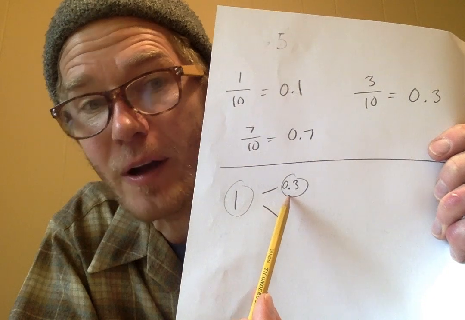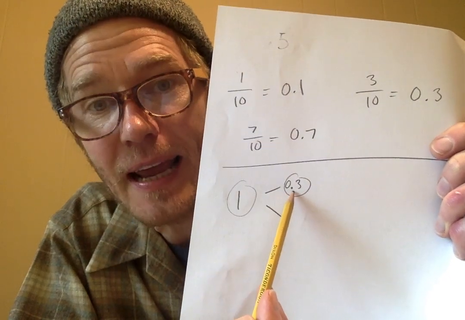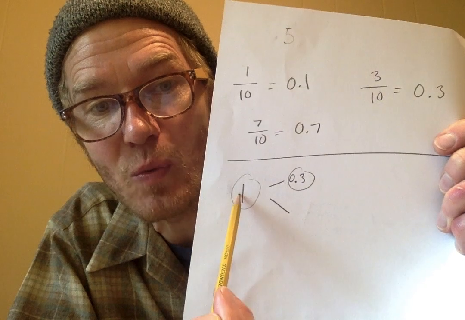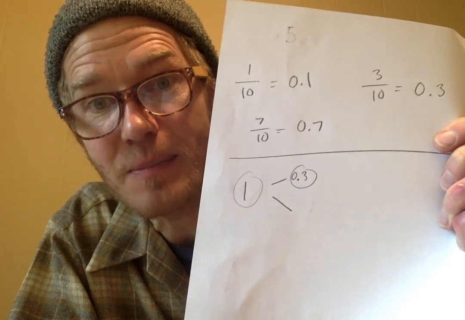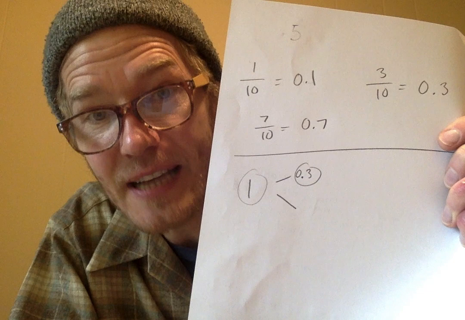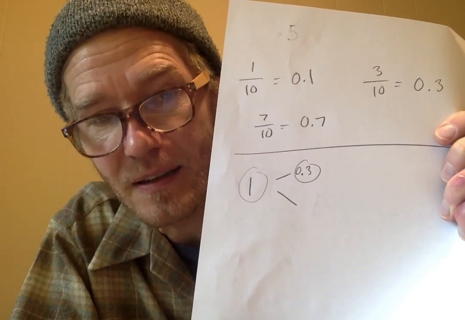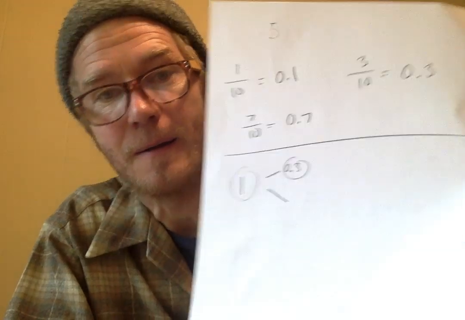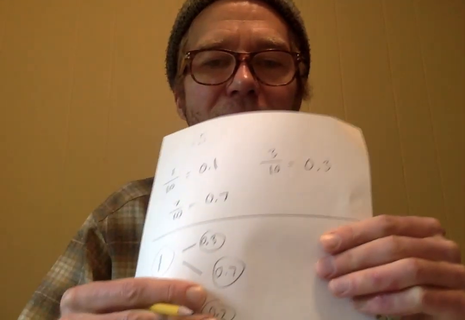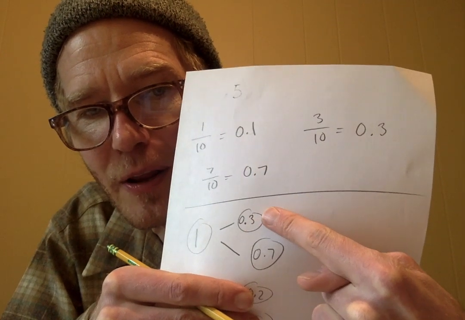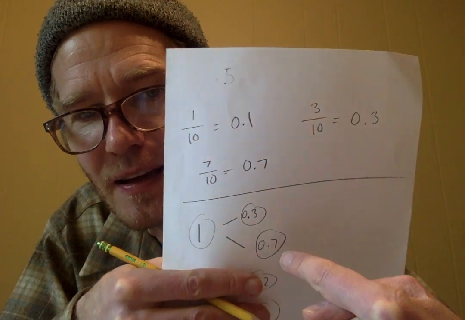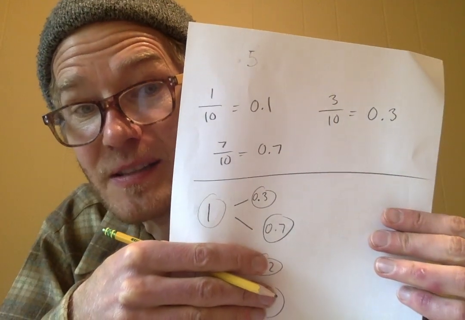That's 0.3, also known as 3/10. 3/10 plus what equals 1? 3/10 plus how many tenths is 1? 3/10 plus 7/10 is 10/10, also known as 1. We got it. 0.3 plus 0.7 is 3/10 plus 7/10, which is 1.